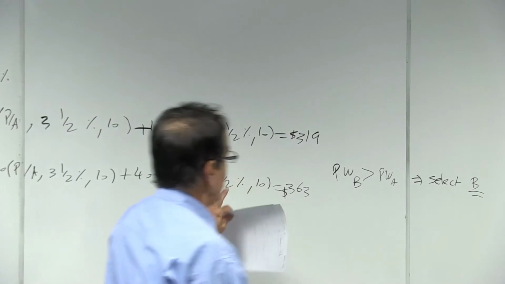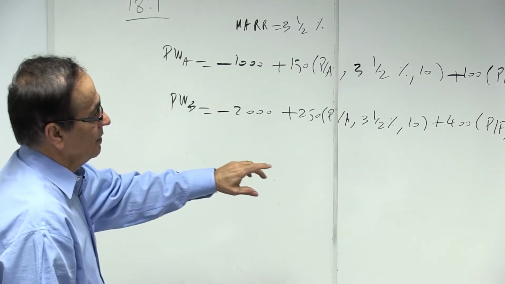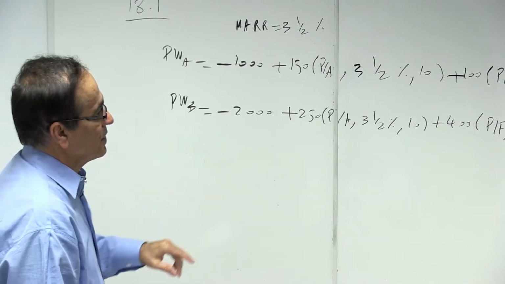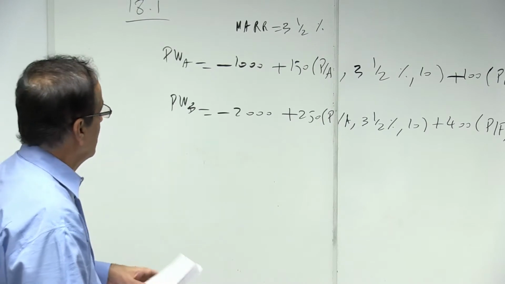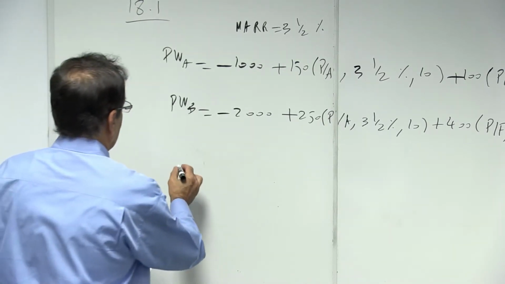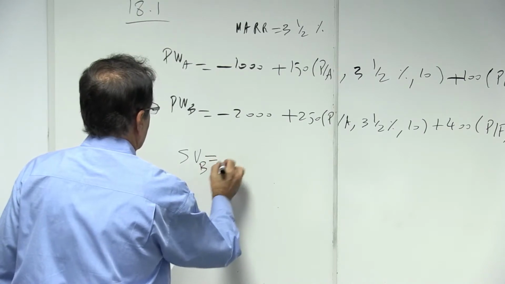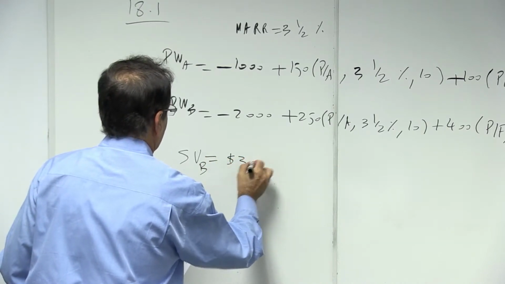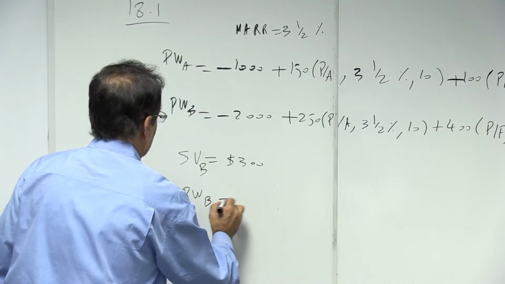Now, again, nothing new here. Based on current information, alternative B is better because the present worth of B is larger than the present worth of A. Now, what happens after 10 years? The salvage value for alternative B is going to be 300 rather than 400. So we have to find the present worth of alternative B again.